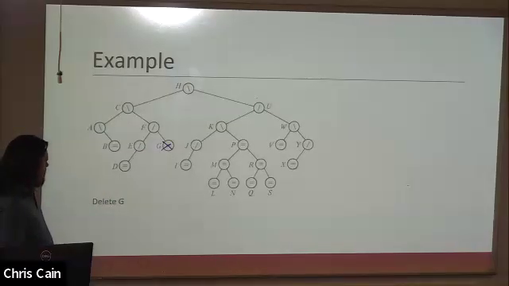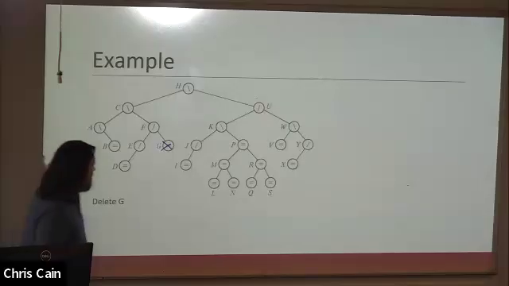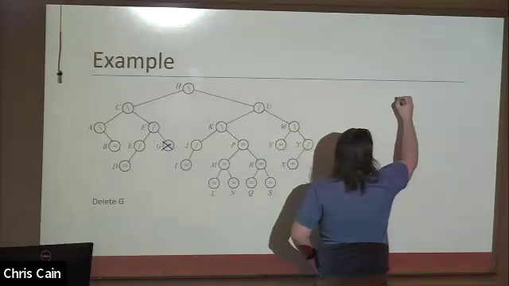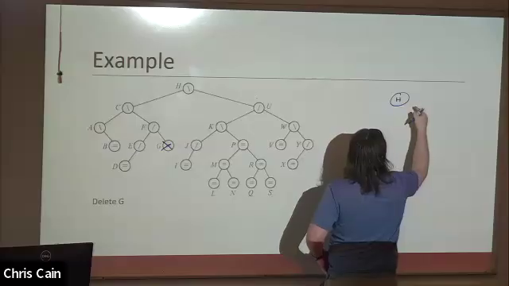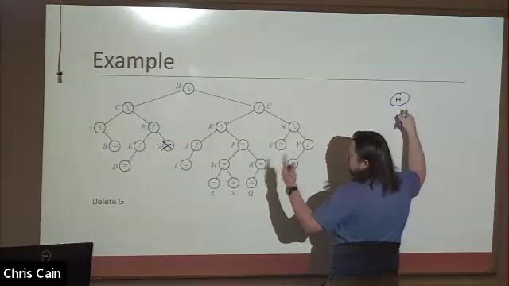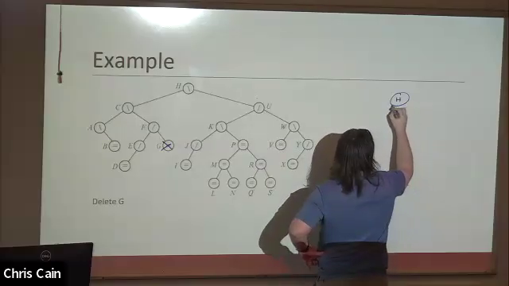I'm going to try to redraw the entire tree on the other side, just because it will make life a little easier as we go through the next part. So we have H. I'm going to put the node name inside of the node, so they're not on the side like they are at the moment.